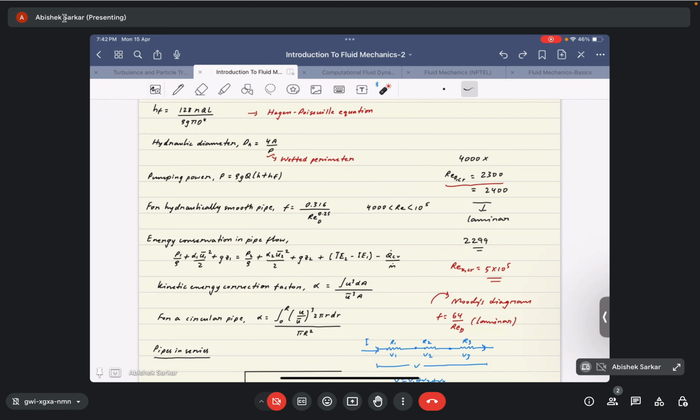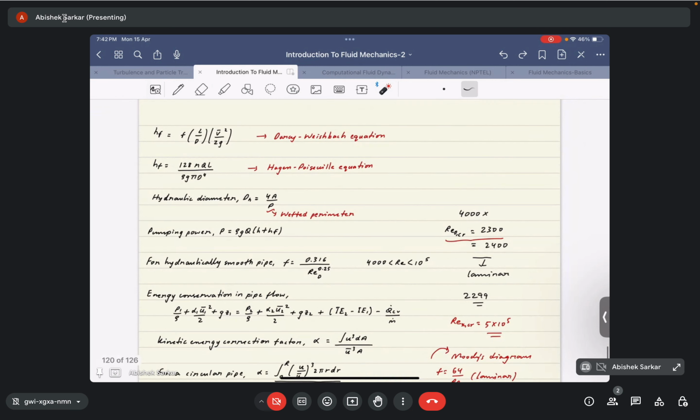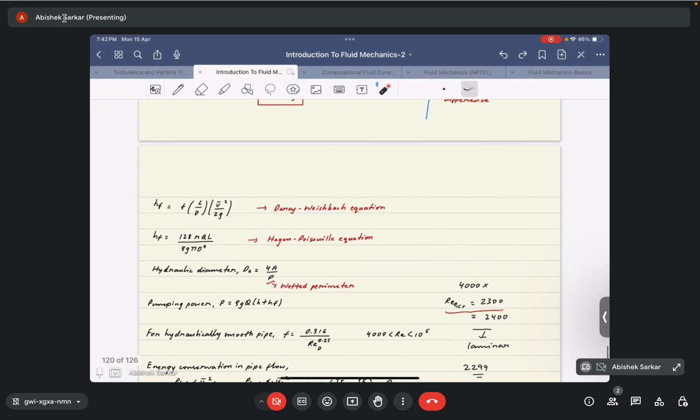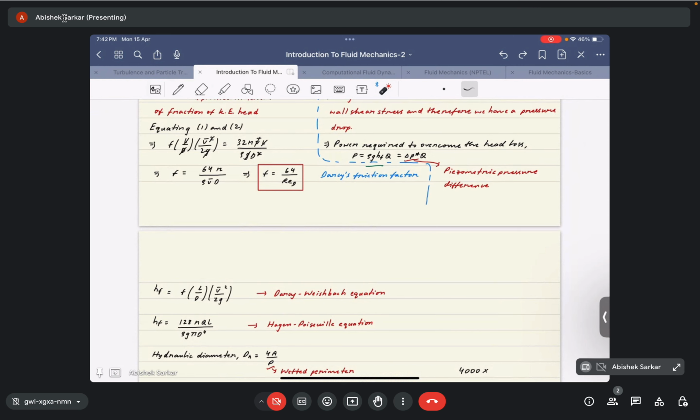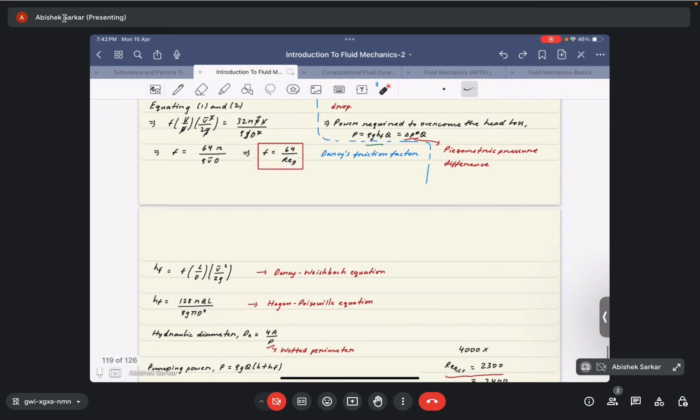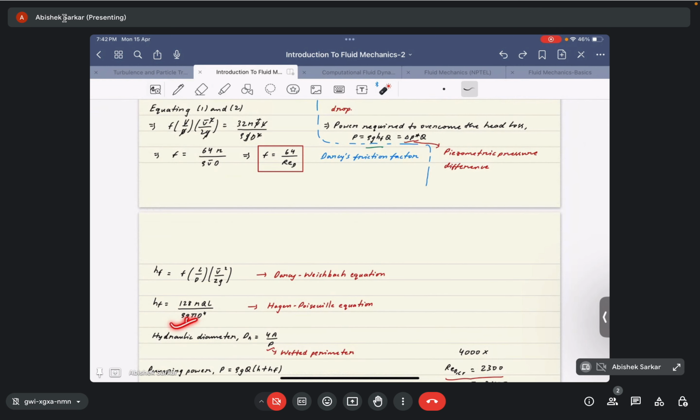Now one more important concept to keep in mind. I forgot to mention that all these formulas are not valid for turbulent flows.